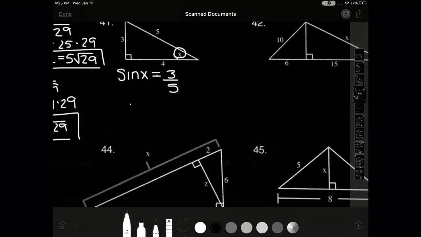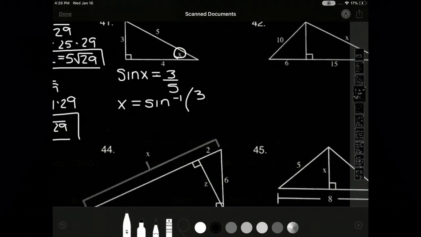And then the way that we solve for an angle here is we're just going to take the inverse. So x equals sine inverse 3/5. And at that point, that's what you plug in to your calculator.